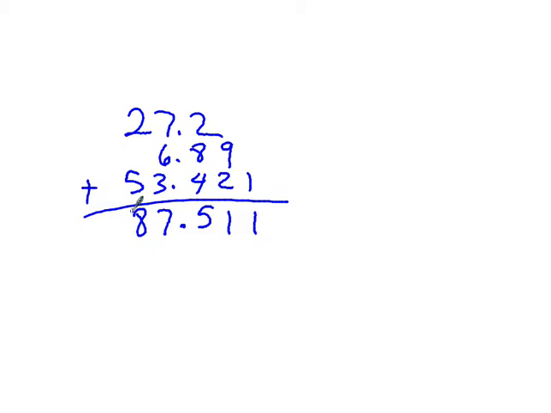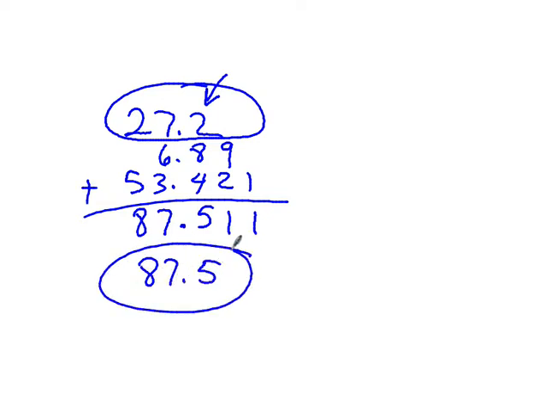Well, the number that has the least number of significant digits in the decimal is this one. So this is the one that limits my answer. I can only have one decimal place because that was my least accurate tool. All these others were very accurate, but with this tool, I only had one decimal place. So my answer can only have one decimal place. So my answer is 87.5.